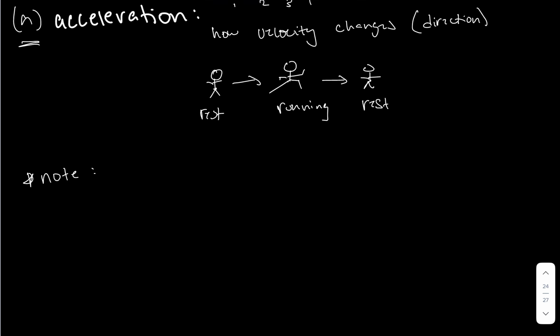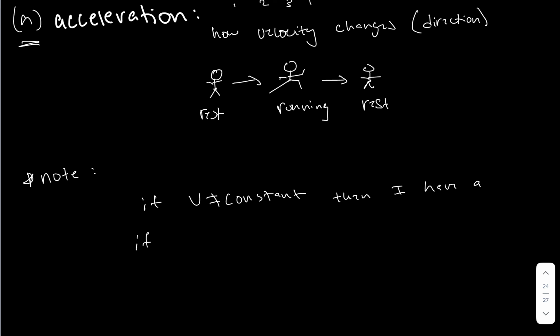So one thing to note is that if velocity, v, is not equal to a constant, right? If velocity is changing, I'm either going faster or slowing down, my speed is changing, then I have acceleration.